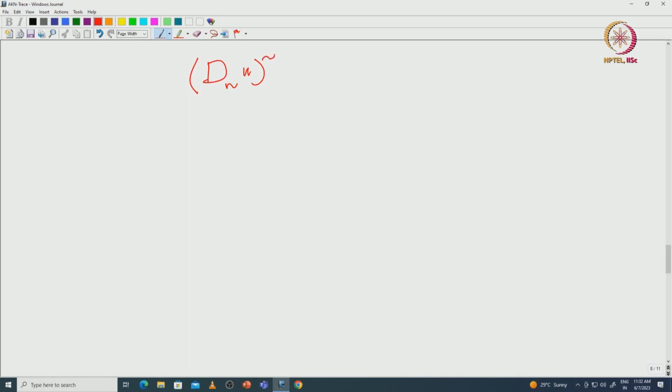So it is the tilde function of psi prime, x_n equal to d_n of u tilde, at psi prime, x_n, for x_n positive. I am doing only the case x_n positive.